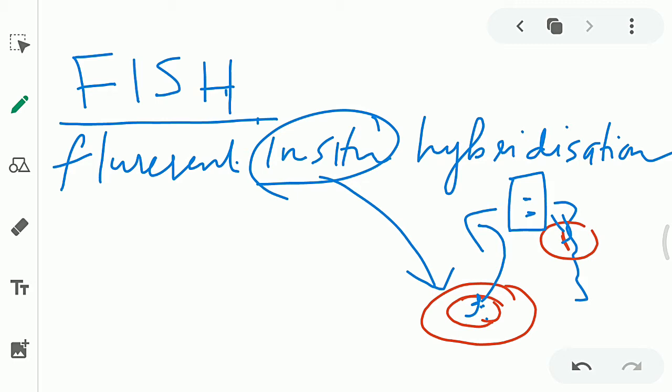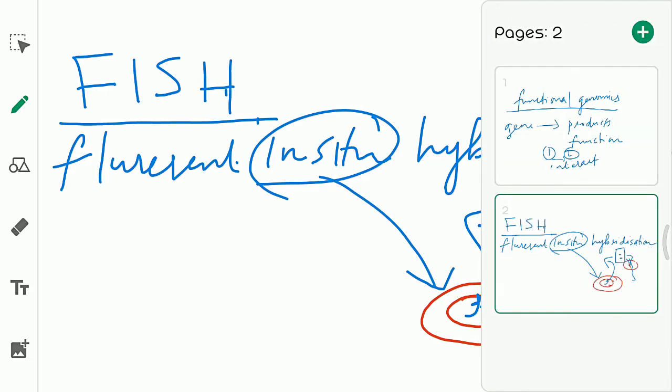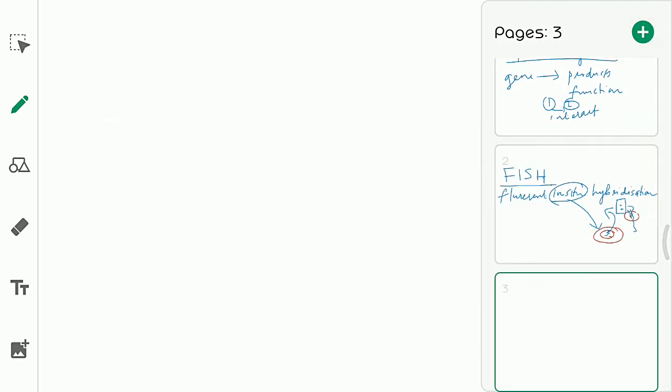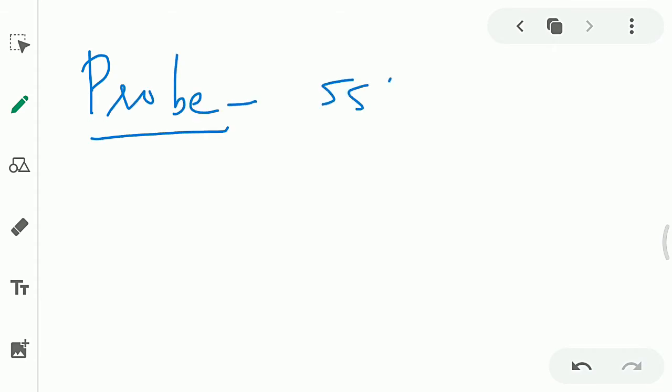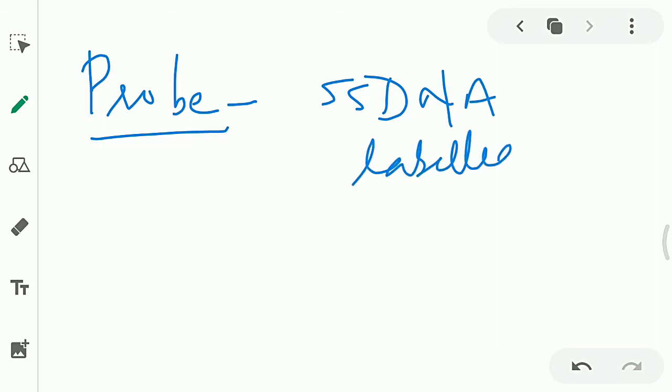So let us see what are the major requirements for this FISH. First is probe. As you all know, probe is a single stranded DNA which is labeled. The question is how to label DNA, that too fluorescently.